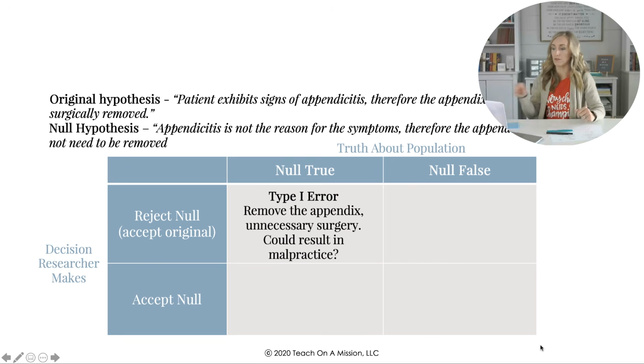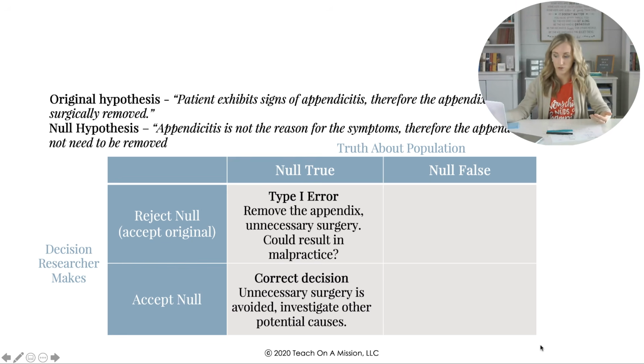And so there are types of errors that happen if the null is true or false, and if we reject or accept the null. So in that first box there, it's a type 1 error. I use this scenario about removing an appendix and whether it's appendicitis or not. You can see that if we make a type 1 error, we perform unnecessary surgery.